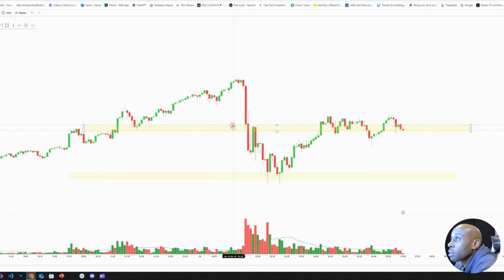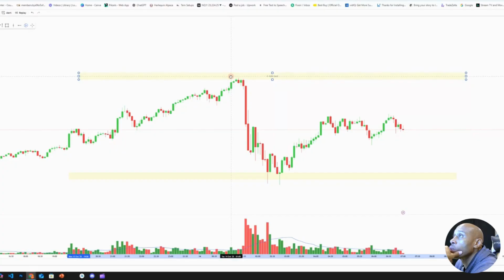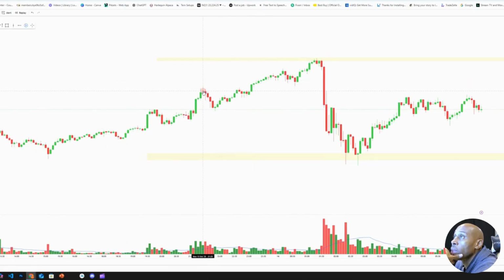So in this particular situation, I will put a zone, let's say at the top of the candle bodies to the top of the highest wick in this particular area. And this will be a resistance area for me. The same can be said about this particular area right here. All right, let's create another box.